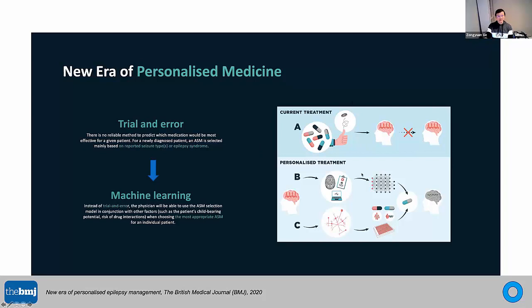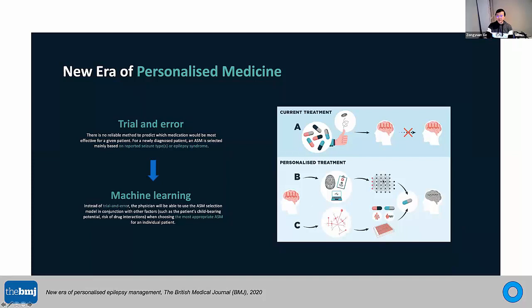As you can see on the right-hand side, that's the figure from our recently published review paper from the British Medical Journal, BMJ. So the current method is more like tossing a coin, and then we give medication to the patient, see how it goes. More like trial and error.